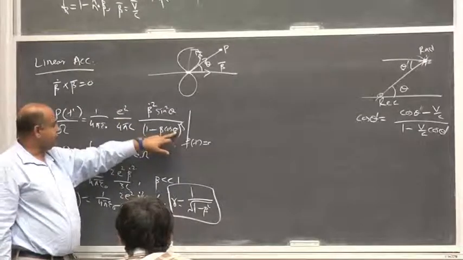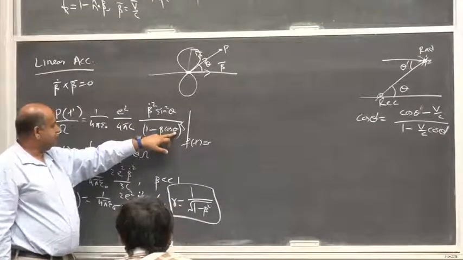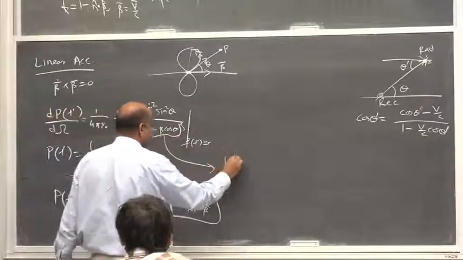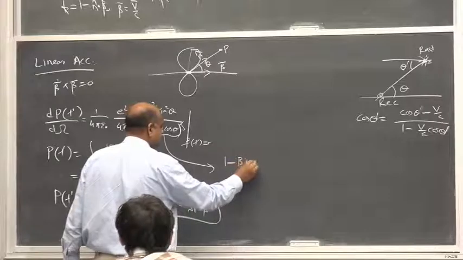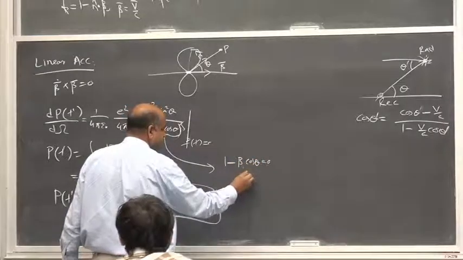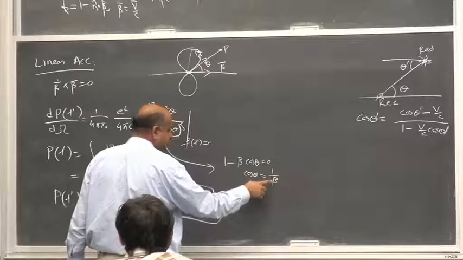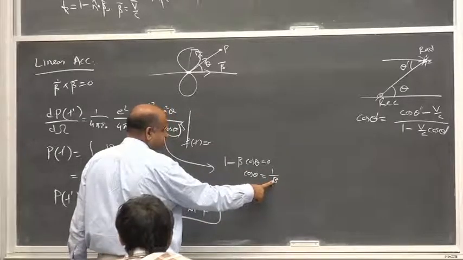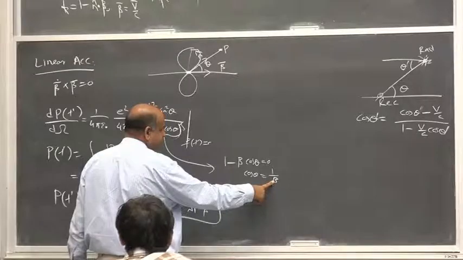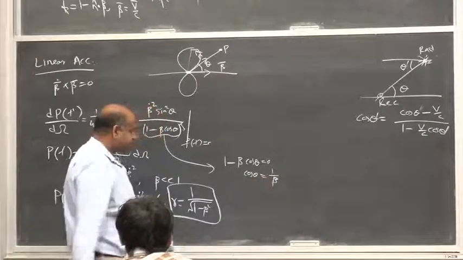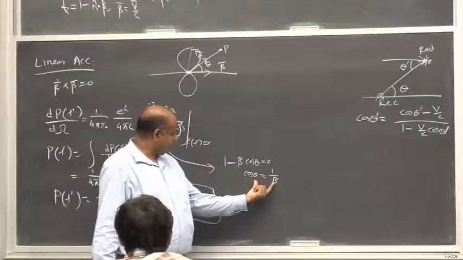So then when theta is, this thing approaches 0 at this thing. So since this is always less than 1, this number is greater than 1.